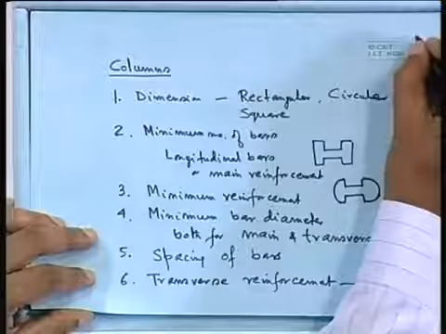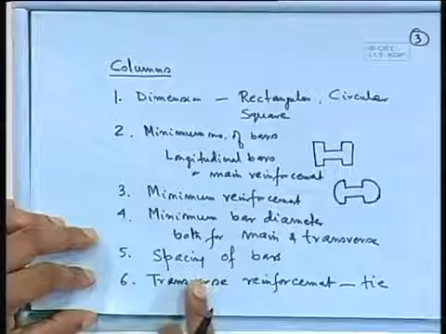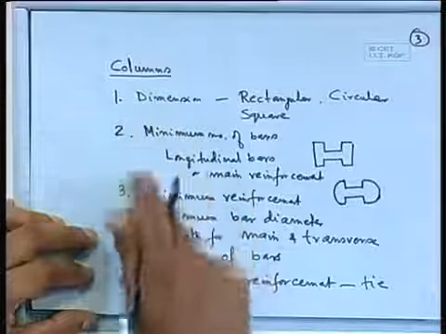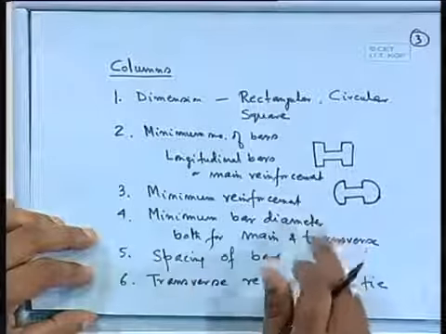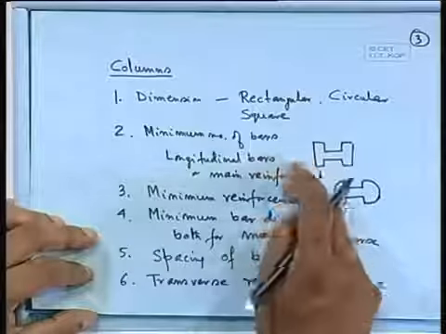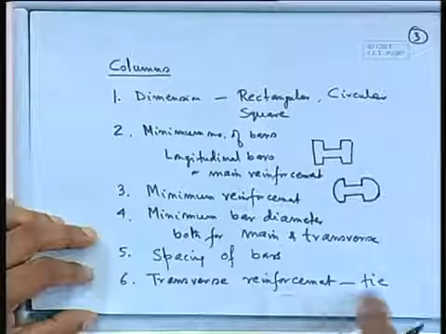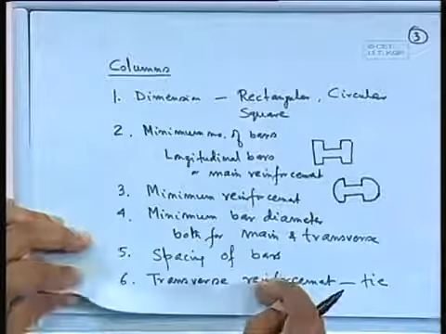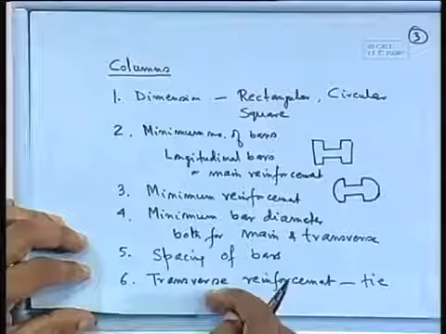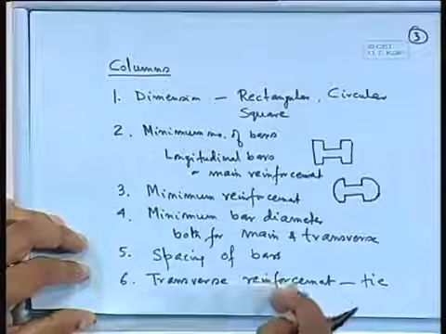In addition to that, when we consider all of these, the column dimension, minimum number of bars, minimum reinforcement, the transverse reinforcement, we also have to take care of the effective length of the column.